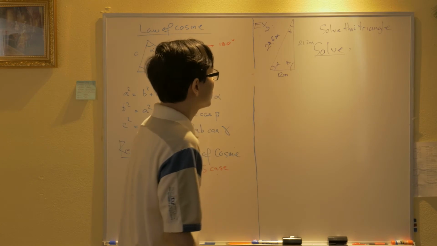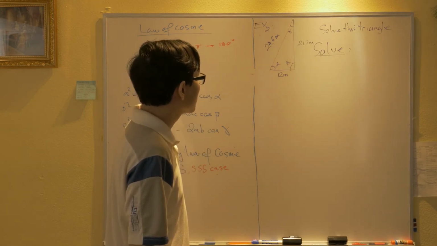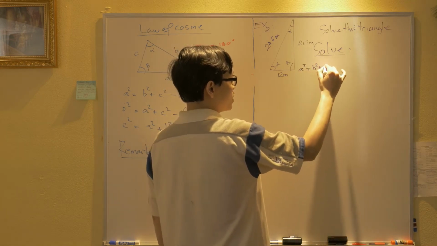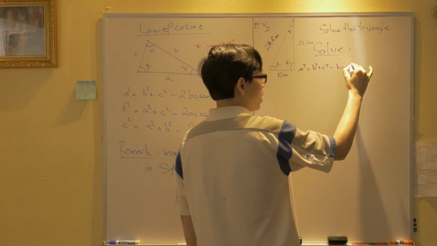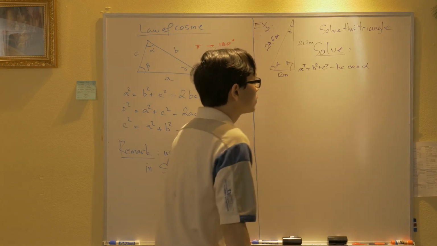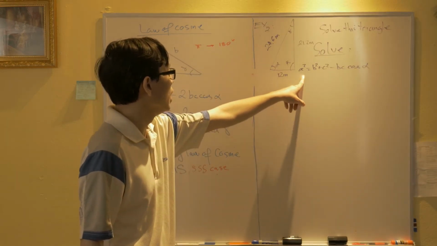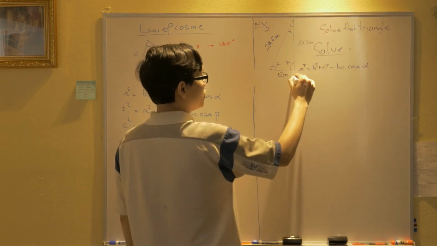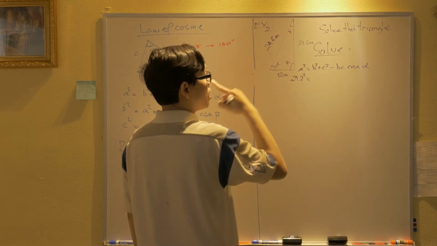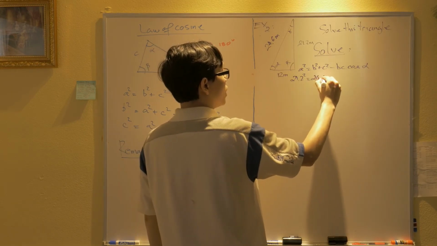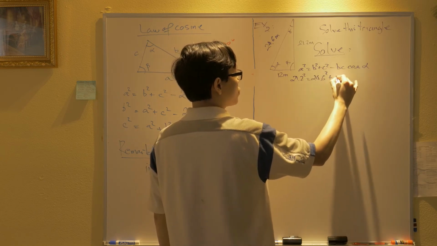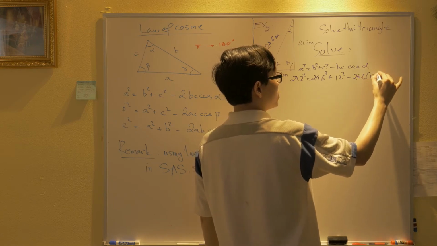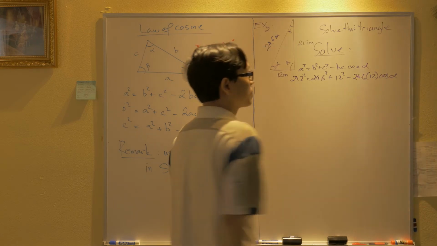Okay, so I want to get angle alpha first. So a squared equals b squared plus c squared minus 2bc cosine alpha. a is the side opposite alpha, so opposite alpha is 21.2 squared. b is opposite beta, which is 24.6 squared. c is opposite gamma, 12 squared, minus 2 times 24.6 times 12 times cosine alpha.